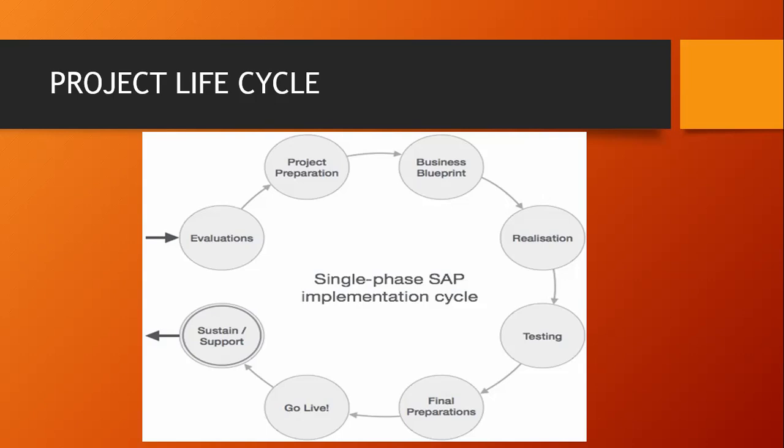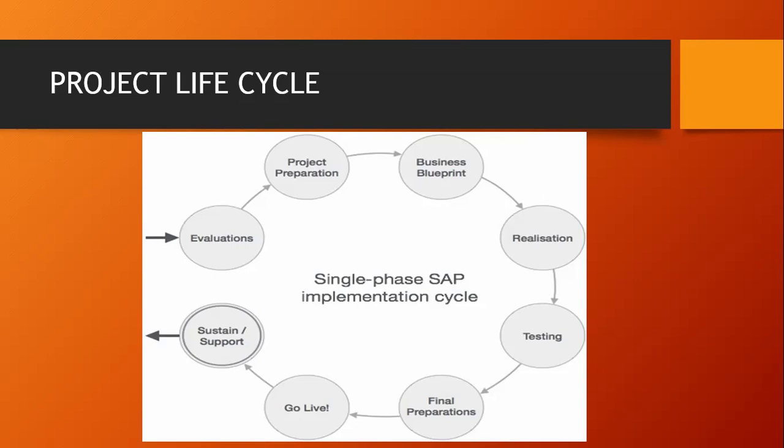Those blueprints can be adjusted from time to time, but that is the plan. Blueprint is the plan. Blueprint is like the Bible. So they will have to follow that blueprint from one phase to another until they realize that implementation.